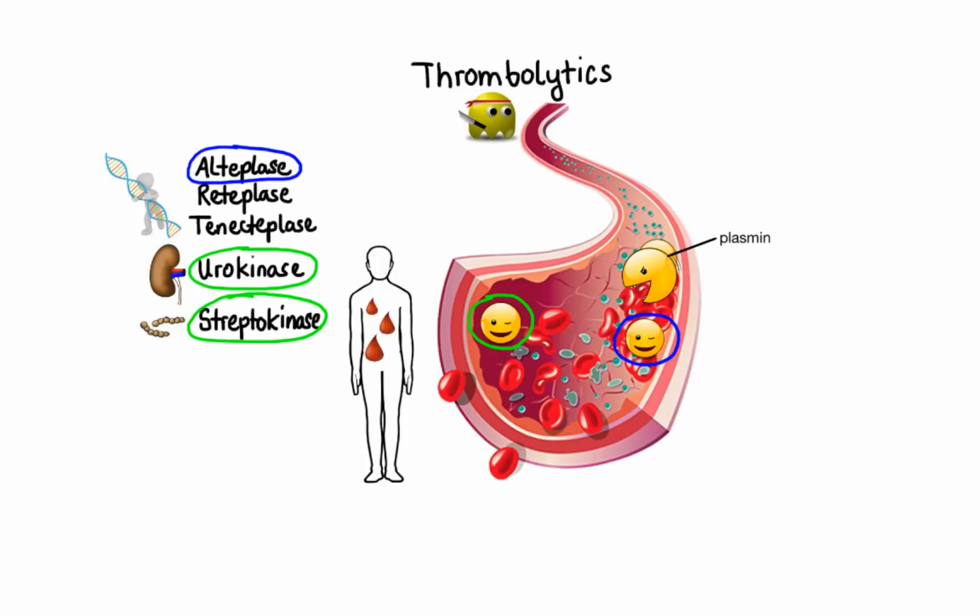These bleeding complications from thrombolytic therapy can be managed by administration of aminocaproic acid or tranexamic acid. These two agents can stop fibrinolysis by inhibiting binding of plasminogen to fibrin as well as conversion of plasminogen to plasmin.